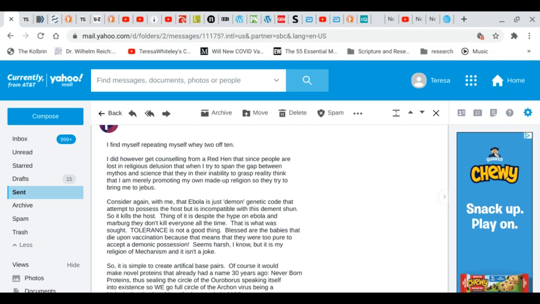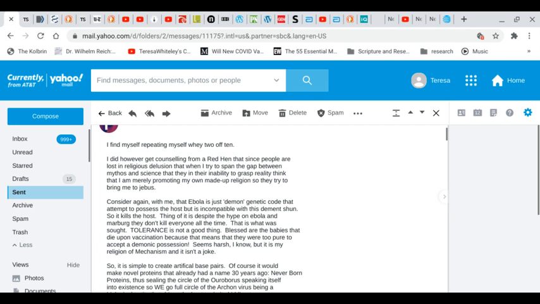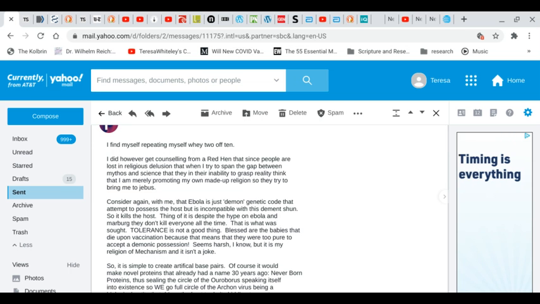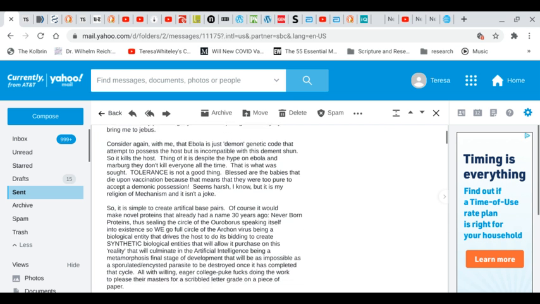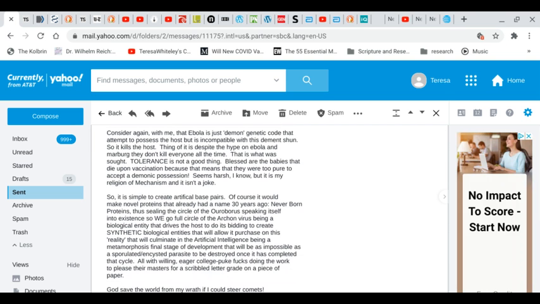So it kills the host. Thing of it is, despite the hype of Ebola and Marburg, they don't kill everyone all the time. That is what it was thought. Tolerance is not a good thing. Blessed are the babies that die upon vaccination, because that means that they were too pure to accept a demonic possession. Seems harsh, I know, but it's my religion of mechanism, and it isn't a joke.